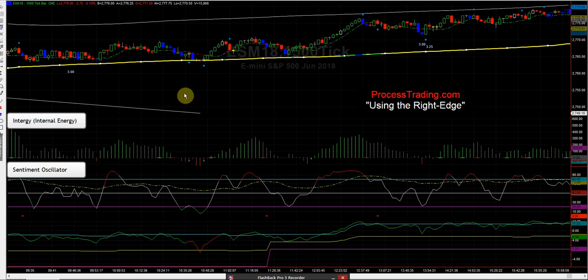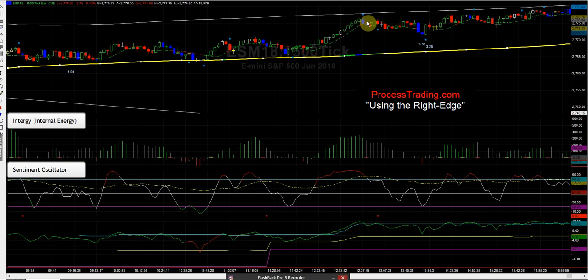We also know that to be the case because when we look at price, we see professional bars. That's these blue bars down here. The yellow bars are the less skilled traders. The blue bars are the professional bars, and the green and the red bars are everybody else, whether it's algorithm trading or institutional trading or market makers.